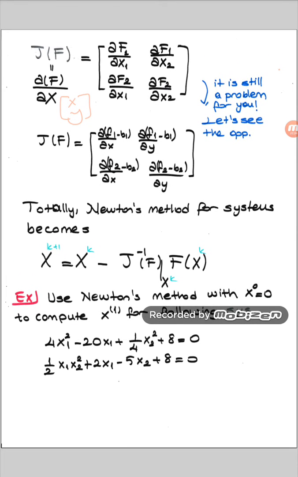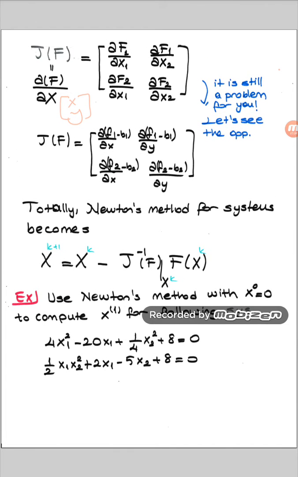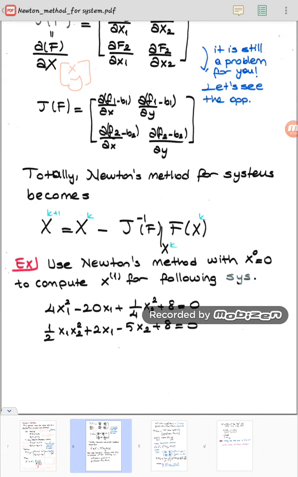So totally, guys, Newton's method for the system becomes, as you can see here, your expression. From now on, the Jacobian, roughly speaking, corresponds to f prime of big X.